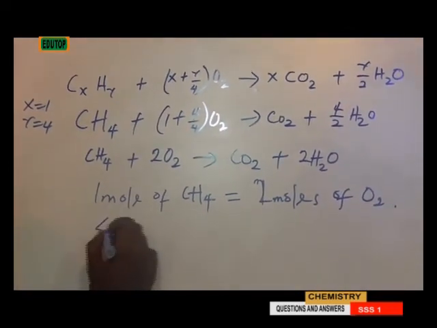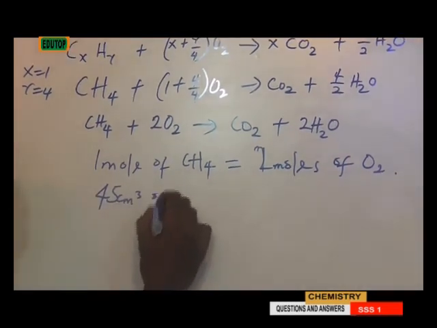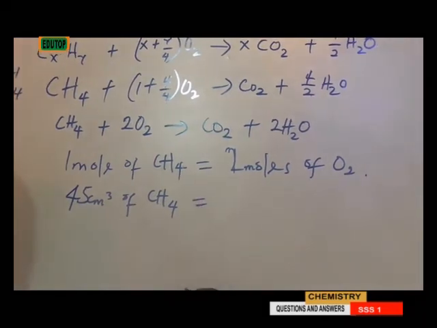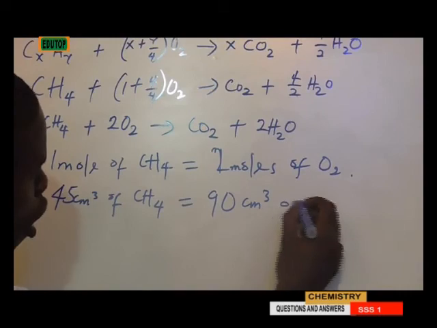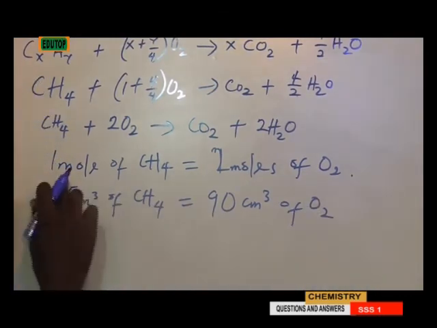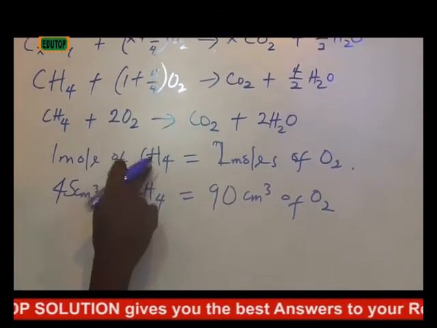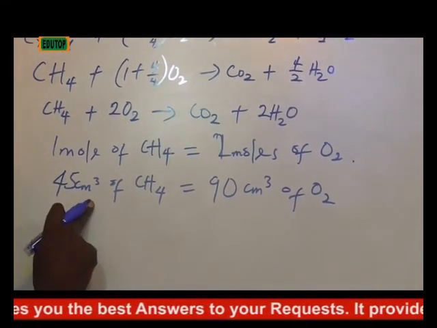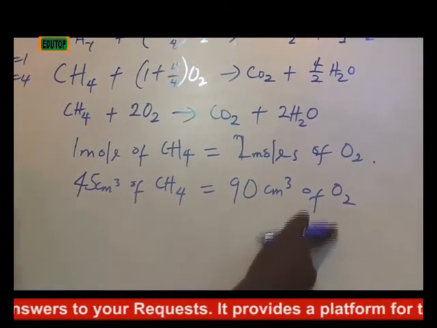Therefore, 45 cm³ of methane, CH4, will be equivalent to 90 cm³ of oxygen, since you have a 1:2 ratio for methane and oxygen.